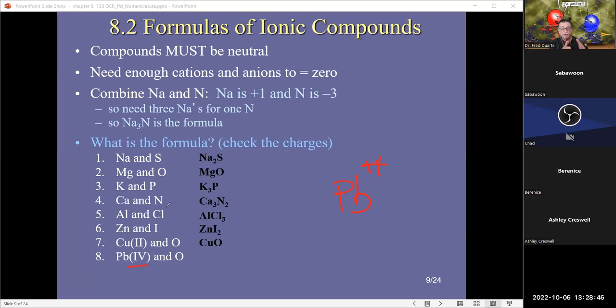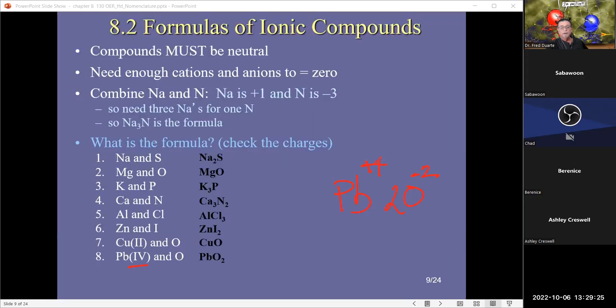That Roman numeral is only telling you what cation, what charge you're working with, okay? Because these are the metals that have a variable oxidation state, and you have to be told what they are, or you can calculate it. I'll explain that here in a second. We know the oxygens are -2. So we simply need 2 oxides for every one lead +4. So its formula becomes PbO2.